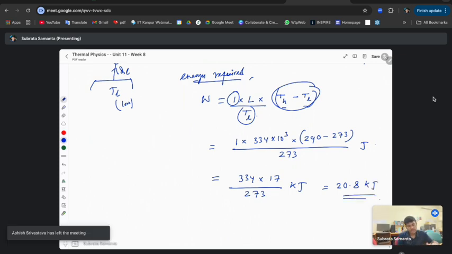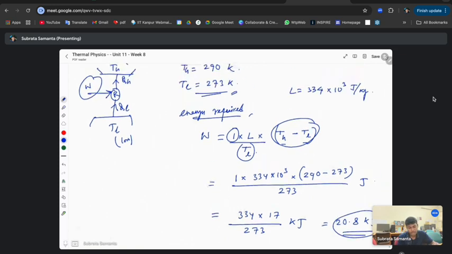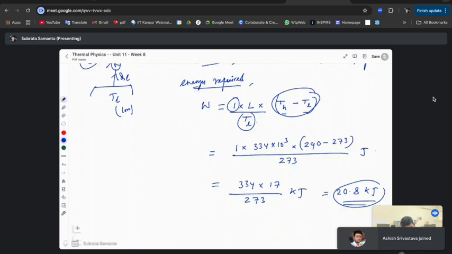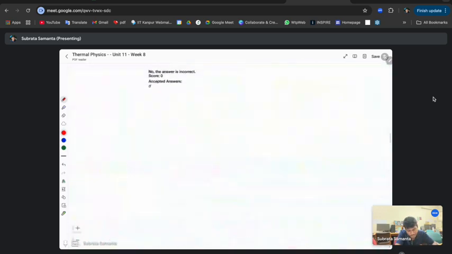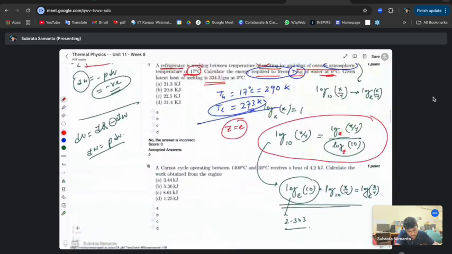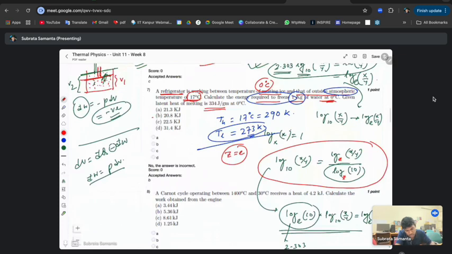This much energy is required to convert 1 kg of water into ice. So it's 20.8 kilojoule. Let's check the options. Yes, so option B is correct.